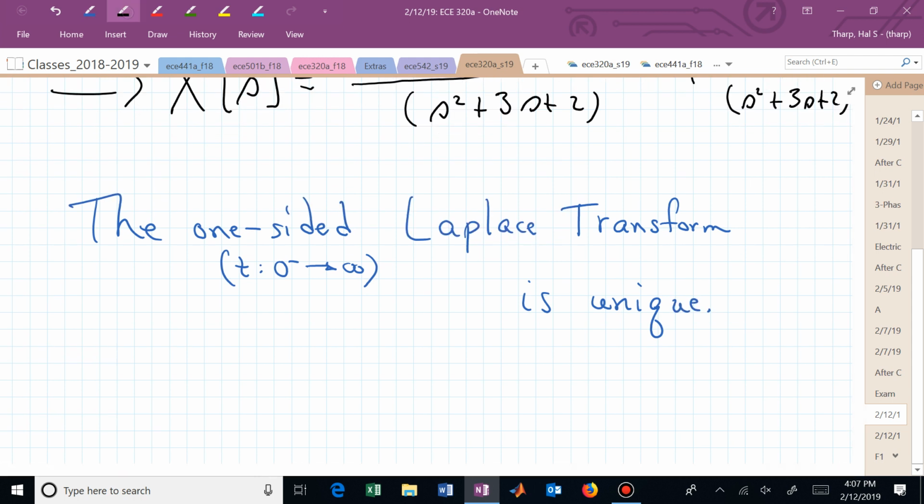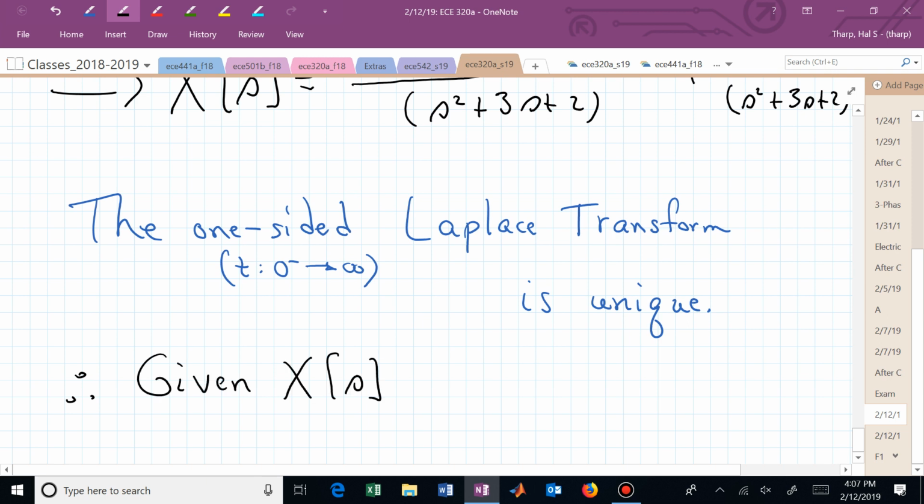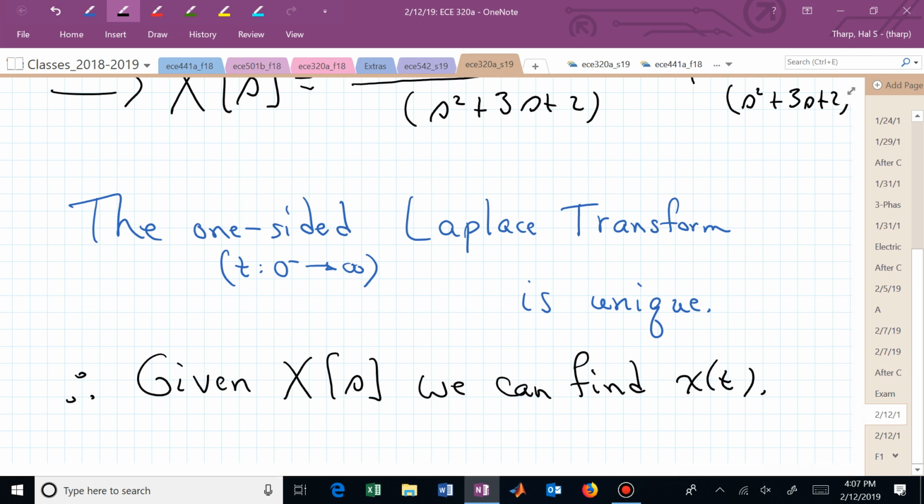Which really is another way of saying that given this formula for capital X of s, we can find little x of t. We can find its time domain pair.